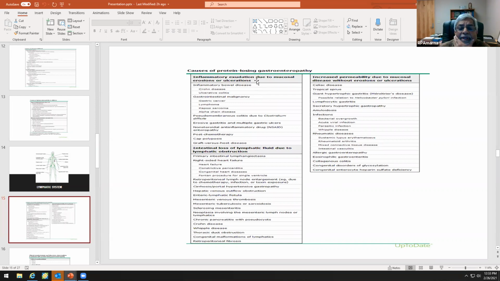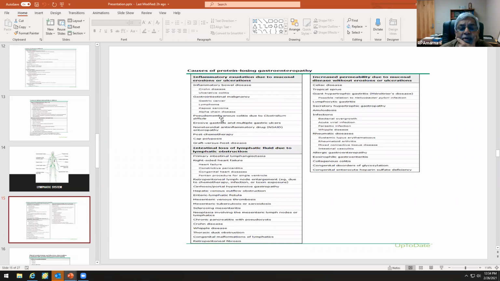Inflammatory exudation due to mucosal erosion or ulceration is usually seen in inflammatory processes, Crohn's disease, ulcerative colitis, or in gastrointestinal malignancies: gastric cancer, lymphoma, Kaposi sarcoma, alpha chain disease, etc.